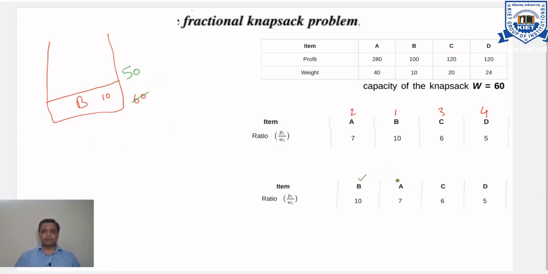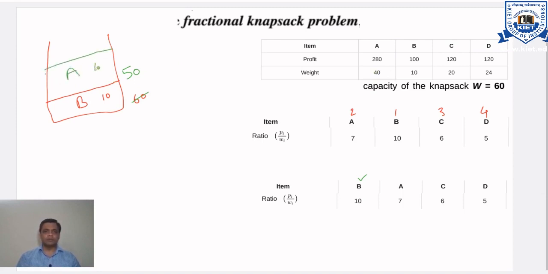Now the second most costly item is A. The weight of this item is 40 kg. Could we put this item? Yes, of course, because the bag capacity is 50 and this item has a weight of 40 kg, so we could easily put that item into our bag.